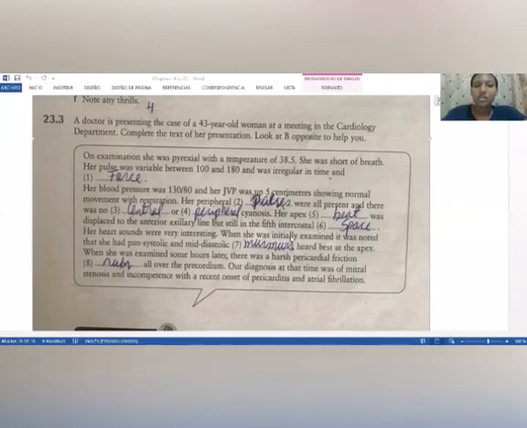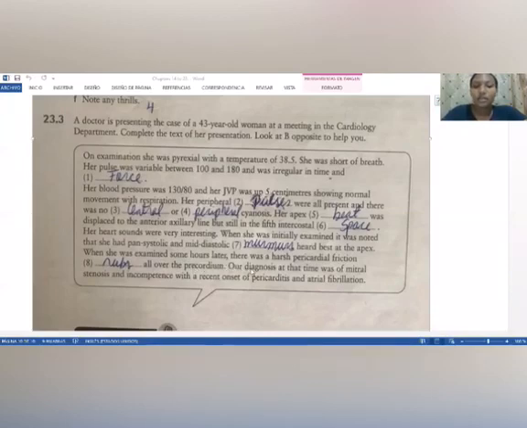When she was initially examined, it was noted that she had pansystolic and diastolic murmurs heard best at the apex. When she was examined some hours later, there was a harsh pericardial friction rub all over the pericardium.